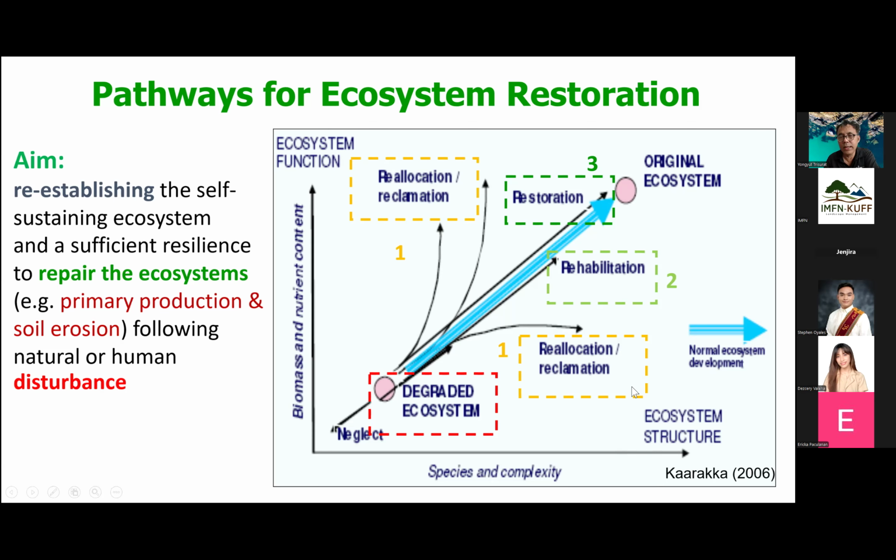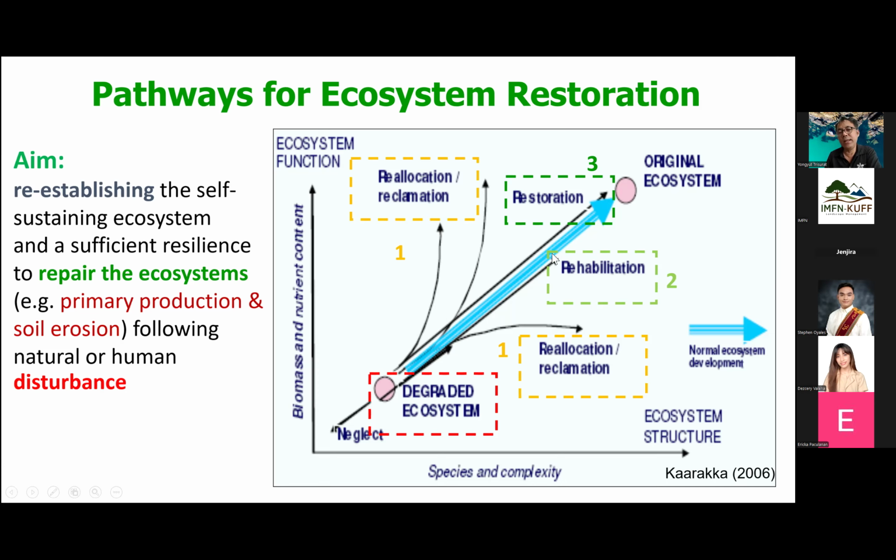One we call reallocation or reclamation. For reclamation, we can obtain benefit either from the ecosystem structure, or from the biomass or ecosystem function.